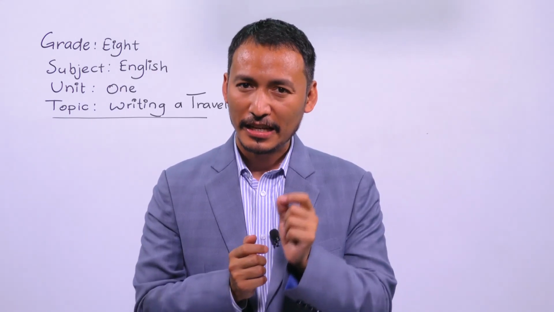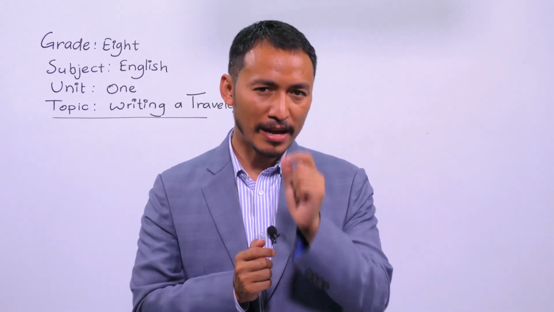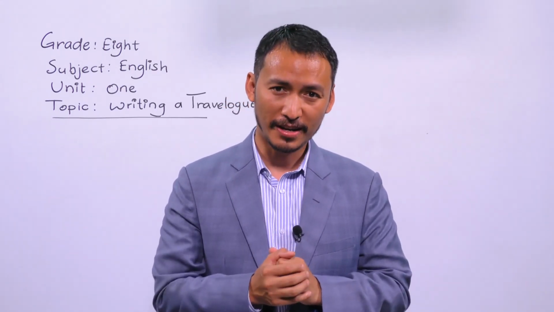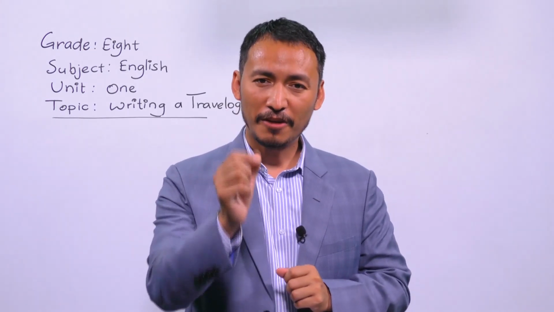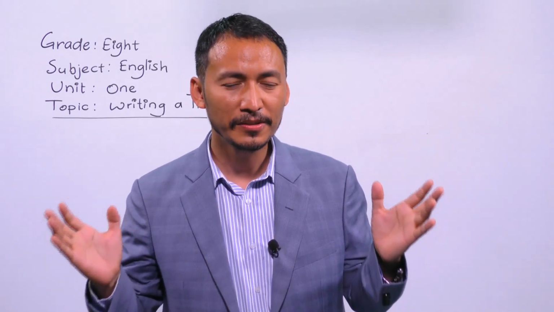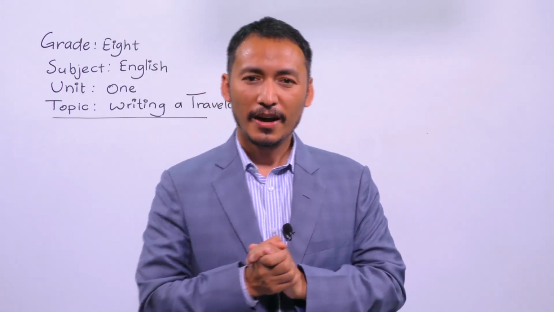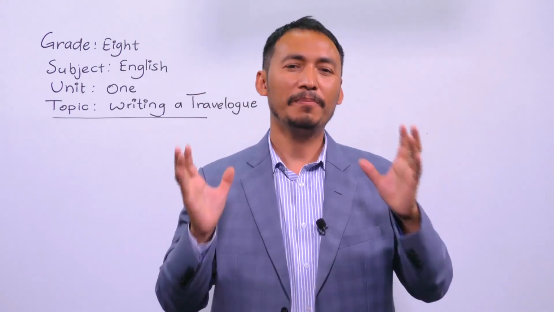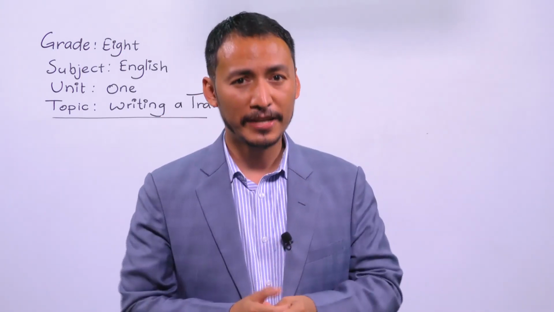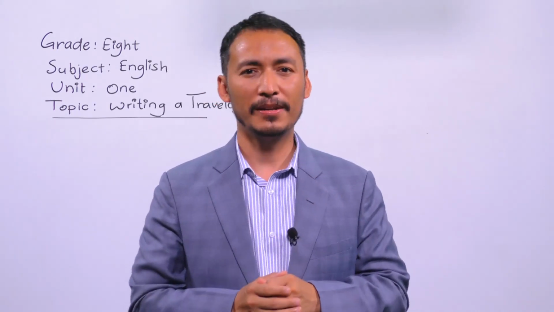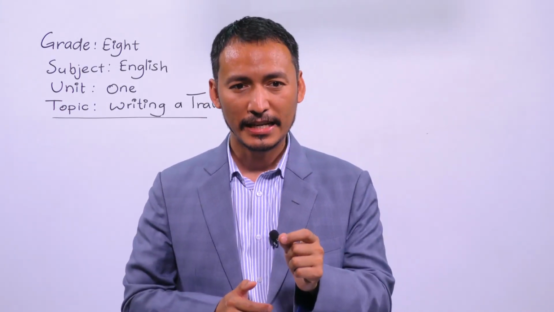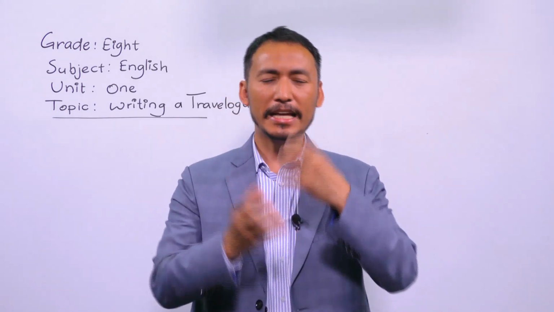All right, students? So you are remembering the travelogue from your book? Yes, you are. That was about Ghalegaon, a visit to Ghalegaon, right? There, I will discuss how a person visiting Ghalegaon can write a travelogue. First, you have to get the information.